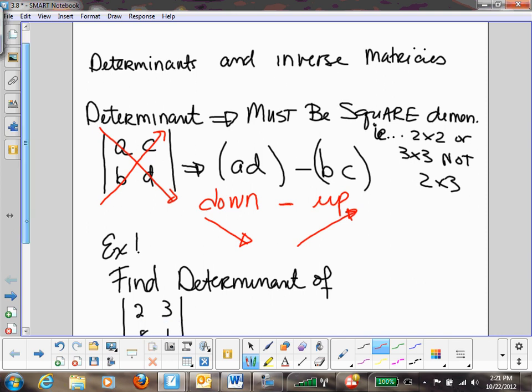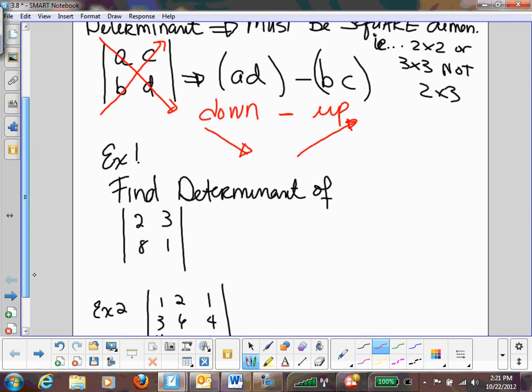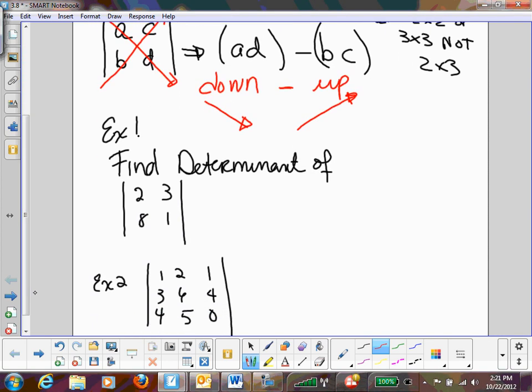So, for example, find the determinant of 2, 3, 8, 1. You might want to get out 2 colors of highlighters to help you. We're going to go down, so we're going to go 2 times 1.